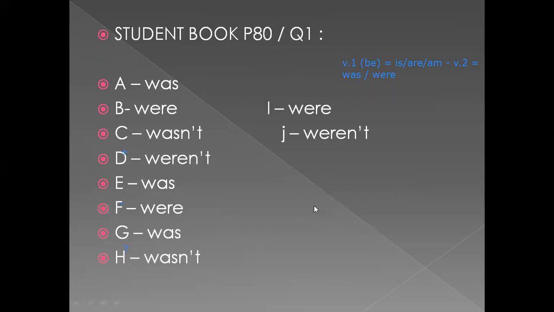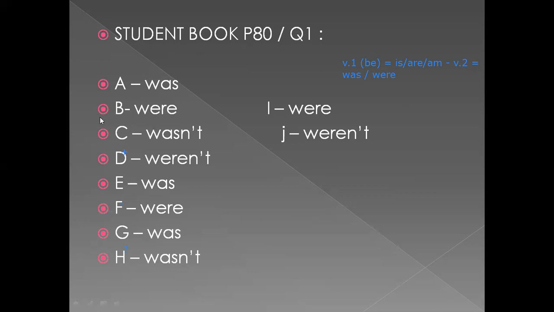Okay, let's move to your student book, page 80, question number 1. Here in the first box, we have the affirmative form of the past simple of verb to be. So in sentence A, he, she, and it, in an affirmative sentence, takes was.